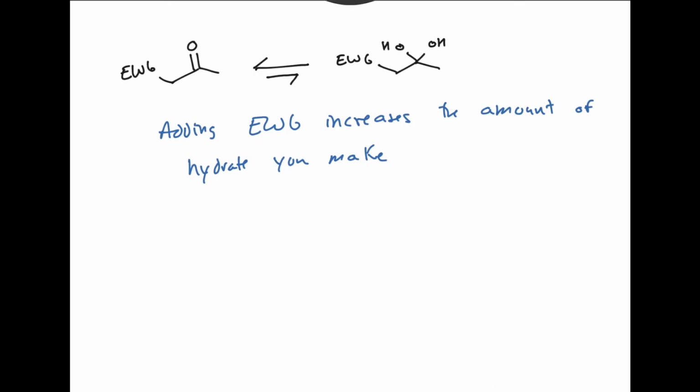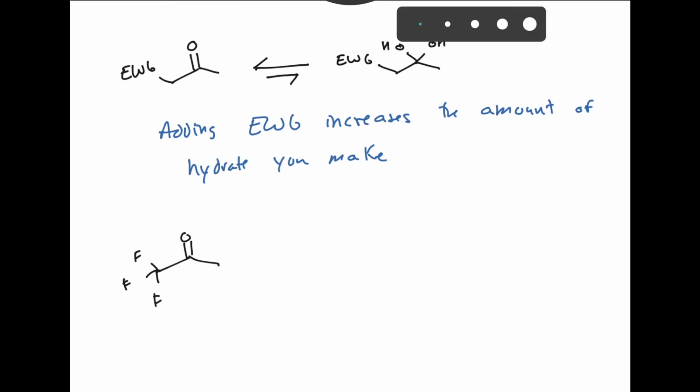And this makes sense if you think about, let's do kind of the ultimate example here. Let's have CF3, right? Our most electron withdrawing atom. What does this do to the carbonyl carbon?